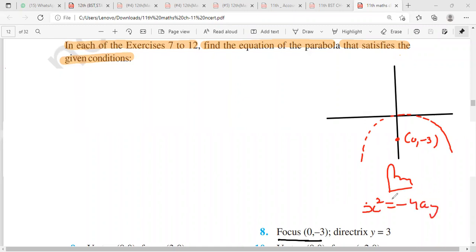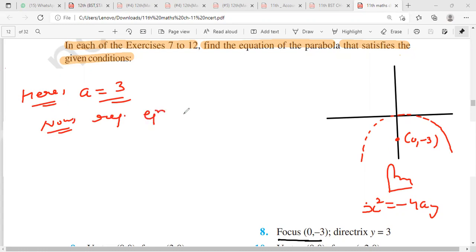X square is equal to -4ay, and here a is equal to 3. Now required equation of parabola is x square is equal to -4ay.